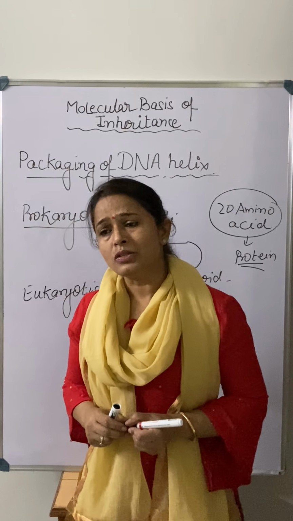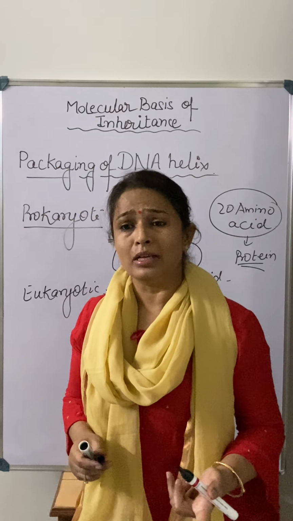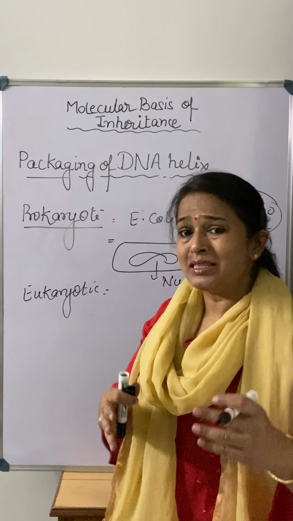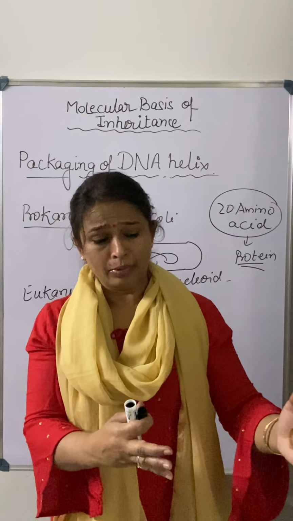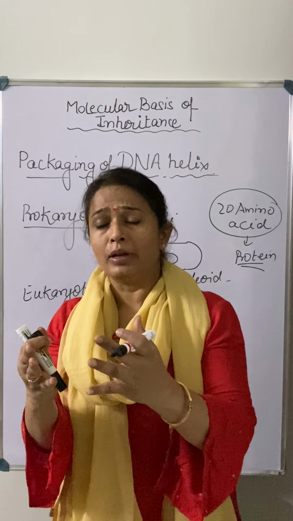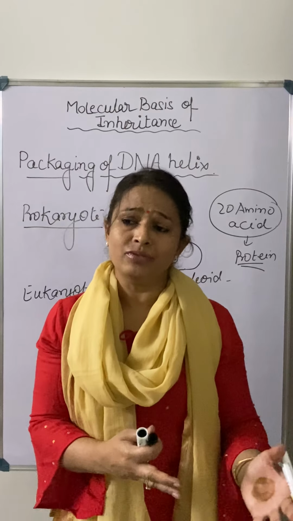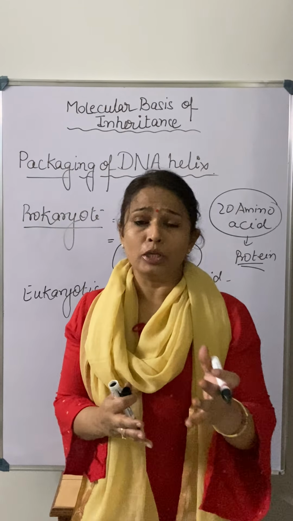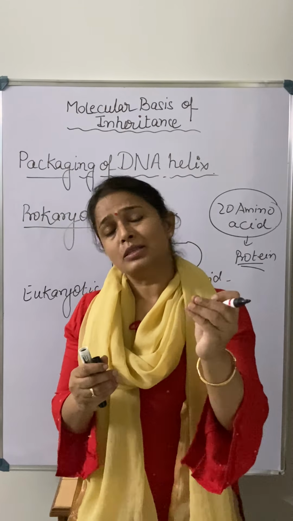So being a negatively charged DNA, if we want to pack that, negatively charged molecules should be wrapped with something that has a positive charge, so that it can be neutralized and packed in such a small dimension of a cell.